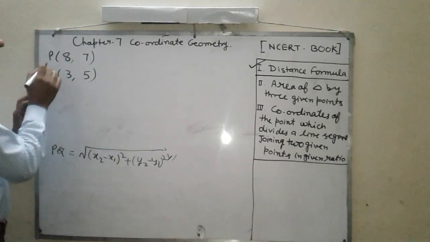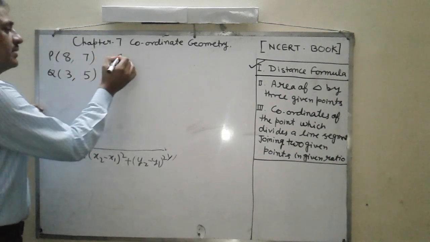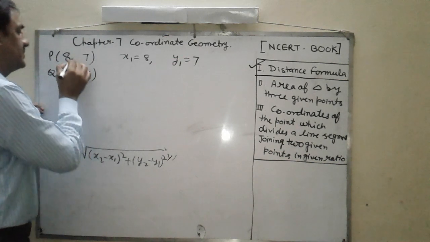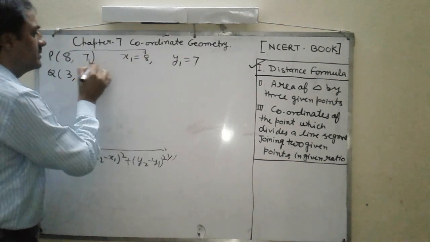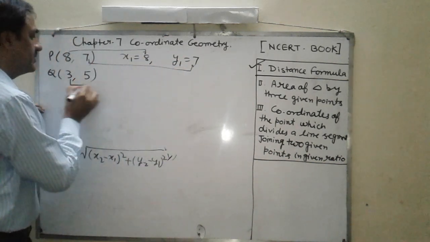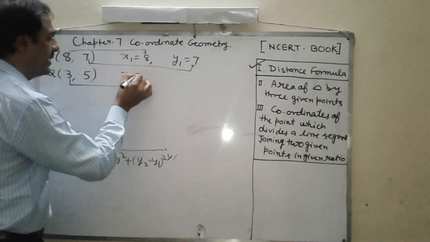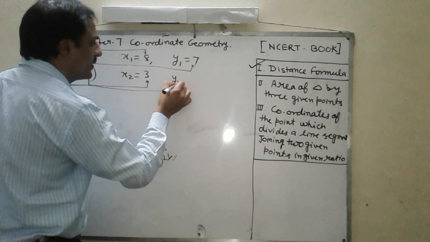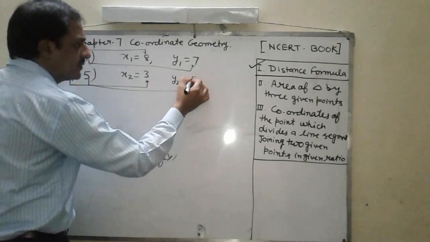Here the value of x1 is equal to 8 and y1 is equal to 7. This is x1, this is y1, x2 is equal to 3, and y2 is equal to 5.